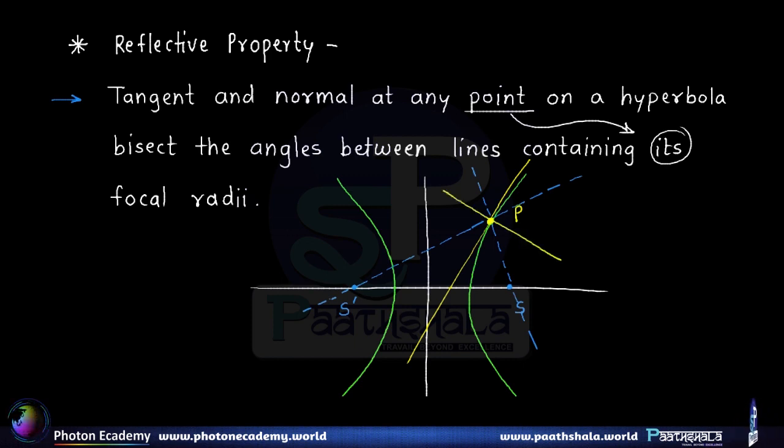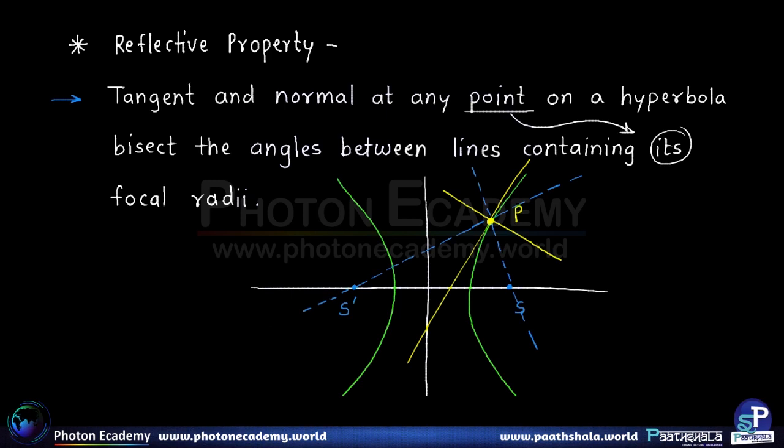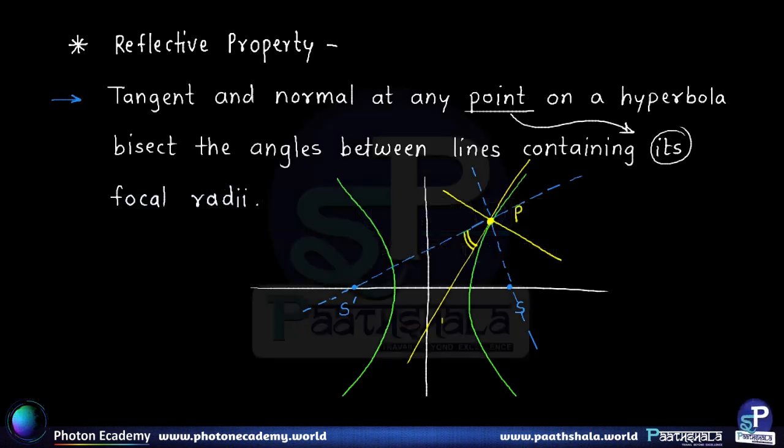Now what this property is saying is the tangent and normal both at that point bisect the angle between the focal radii. So if you see, the angle between the first focal radius S dash P and the tangent is the same as the angle between the second focal radius and the same tangent.